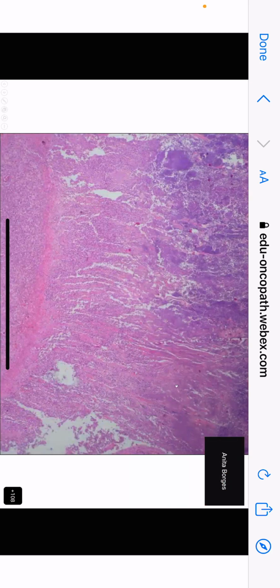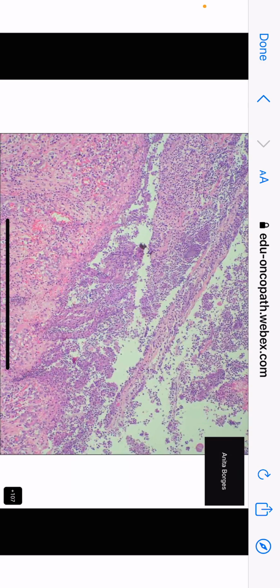At the edges here towards the base, you may see a little muscularis mucosae that has remained. The rest of that mucosa is lost, and you see this huge necrotic tissue. Now here, where you can actually see, you see the neutrophils. Yes or no? Yes, ma'am. And the base shows a little bit of fibrosis and granulation tissue.